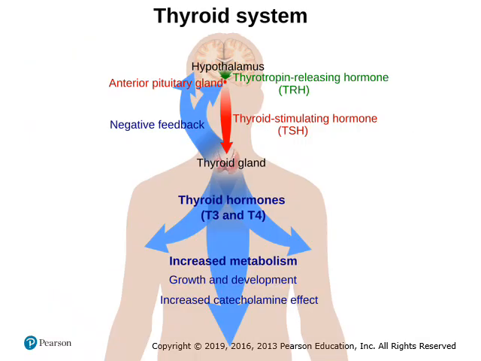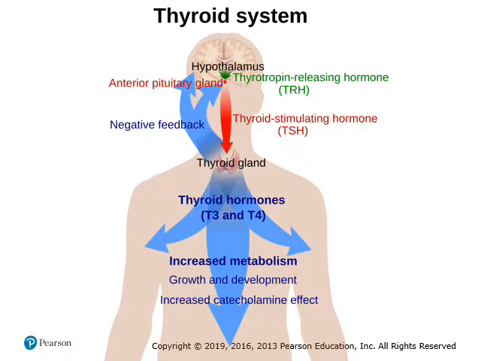The activity of the thyroid hormone stems all the way from the hypothalamus with the thyrotropin releasing hormone that is stimulating the anterior pituitary gland into producing the thyroid stimulating hormone.